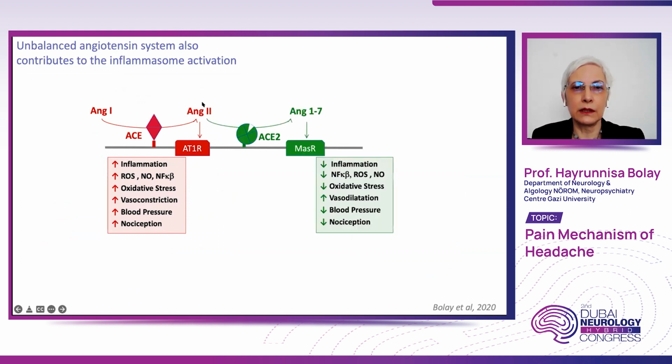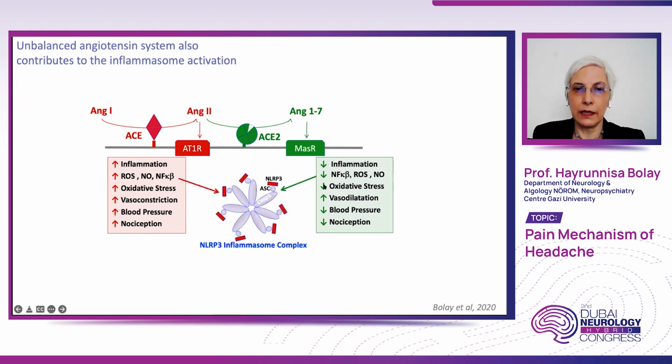And its detrimental effects are balanced by the ACE2 enzyme, which cleaves and produces angiotensin 1-7, and through its receptors, it counterbalances and reduces inflammation, reduces nociception, and increases vasodilation, and also reduces these reactive oxygen species and NO/NF-kappa B, and also they have opposite effects on the NLRP3 inflammasome complex.